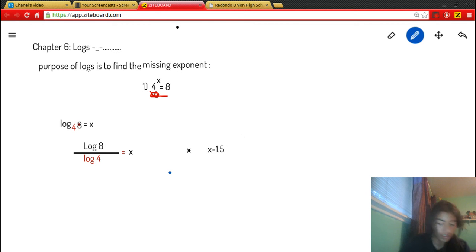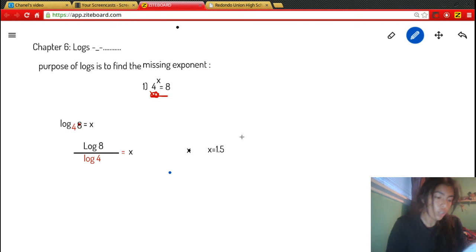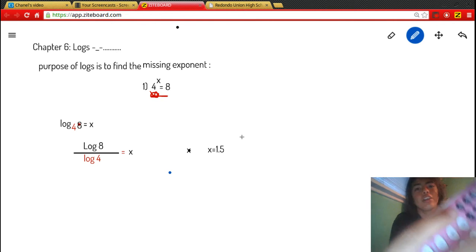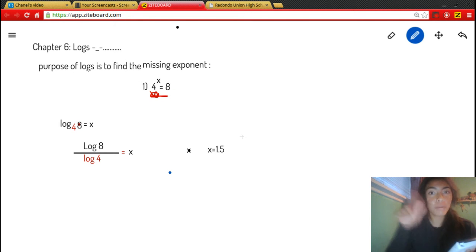Just give me a moment. Okay, on your calculator, you have something called log. It's right here, it has log on it. Hit log, and it's going to be log parentheses.